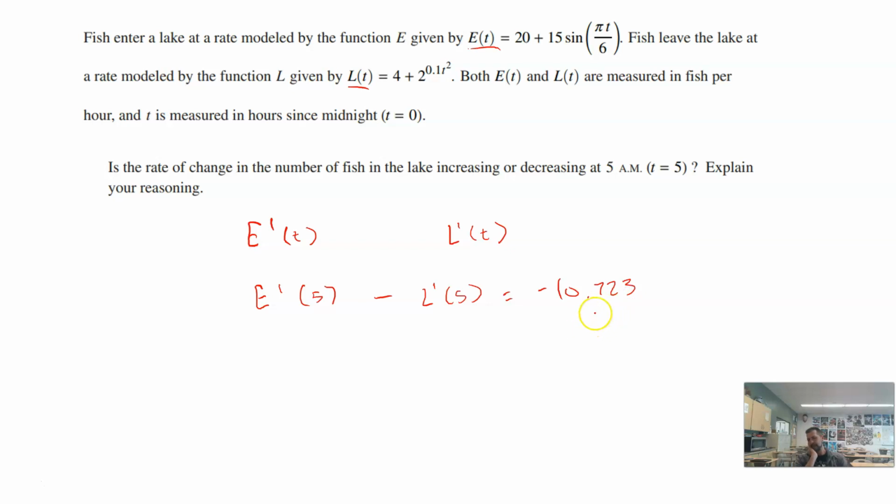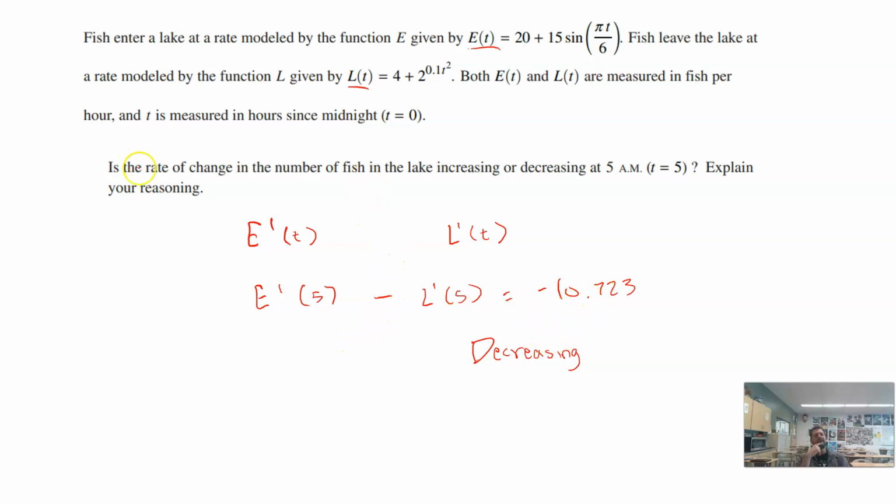What that means is at this instance, the rate at which the number of fish in the lake is increasing or decreasing is changing by this amount. It's a negative number, so we would say that this is decreasing because that value that we get is less than 0.